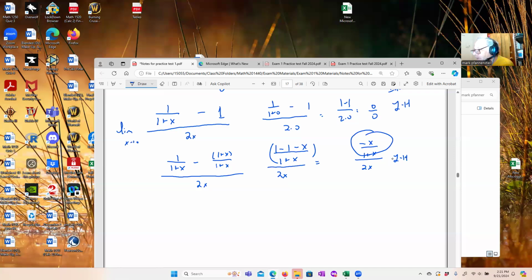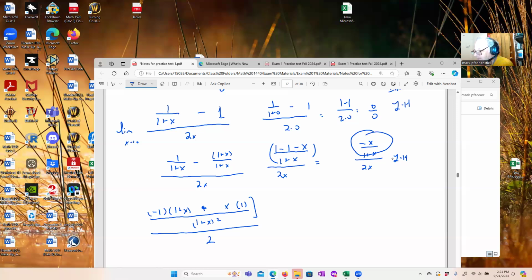Remember that? So the derivative of the first, negative 1, times the second, minus the first, so it's minus a plus, times the derivative of the bottom, that's going to be 1. The derivative of 1 plus x is just 1, divided by 1 plus x squared. Now on the bottom, the derivative of the bottom is just 2.